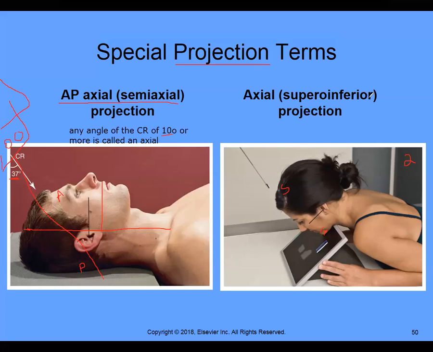Again, we're describing the path of the central ray, because it's a projection. So my central ray is entering more than 10 degrees here. And I'm going to draw the X-ray tube here so we can make sense of it.